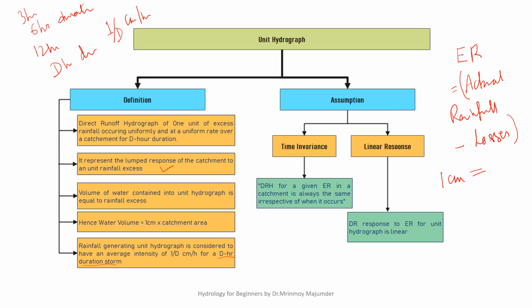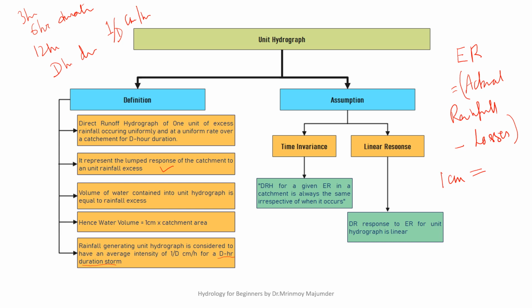So 1 by d will be the rainfall intensity for a hydrograph which has been generated due to the 1 centimeter excess rainfall.